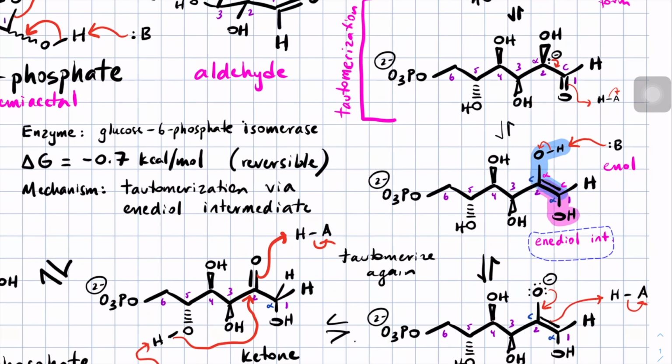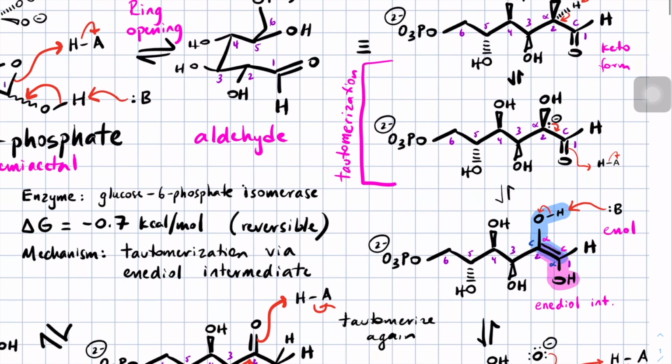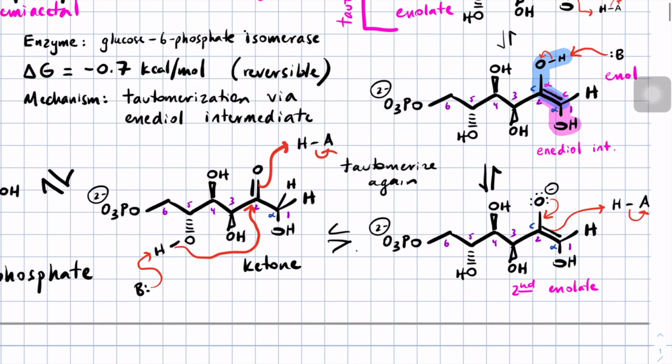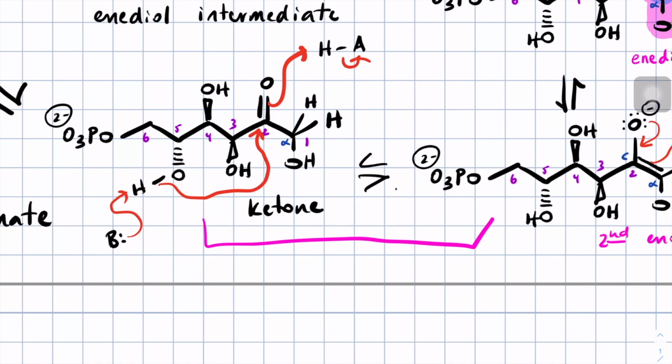And so if we remove the proton from the C2 hydroxyl group, we get a second enolate. And if we protonate on blue alpha carbon C1, then we get the ketone open chain form of fructose.